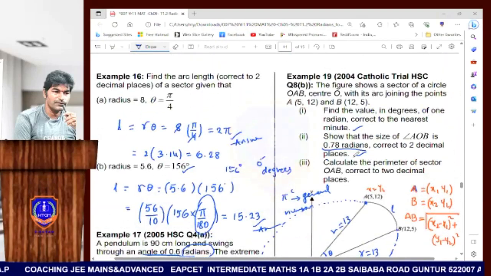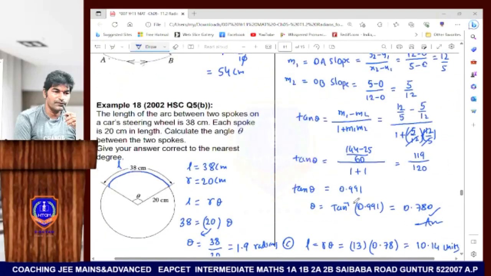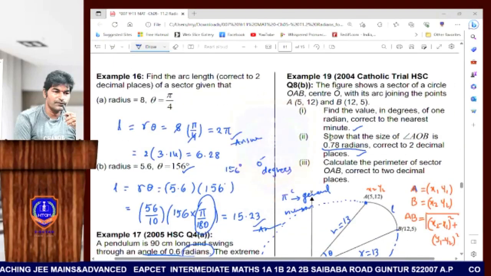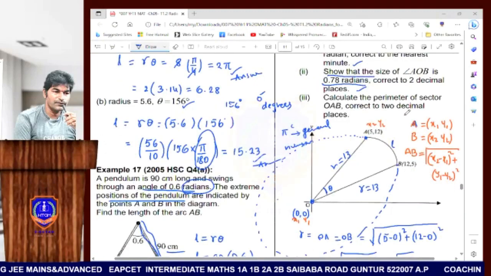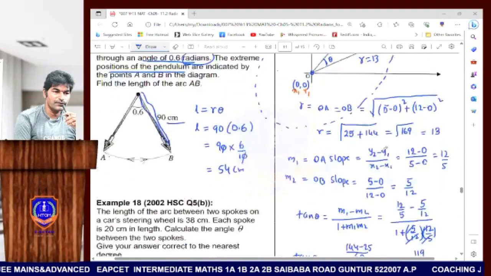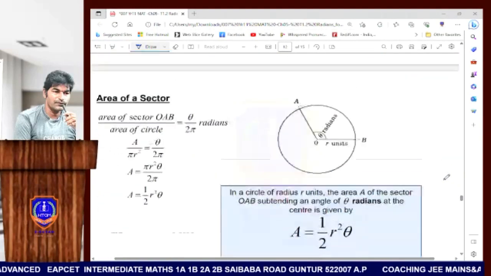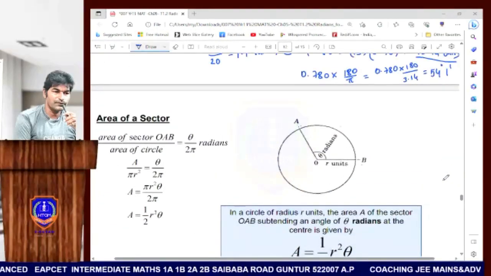For the second question, just calculate tan theta, and theta equal tan inverse 0.780. He asked to show that, and I did that. Next, the third one is about the sector length. Sector length L equal to R theta, and it was 10.14 units. Understood?